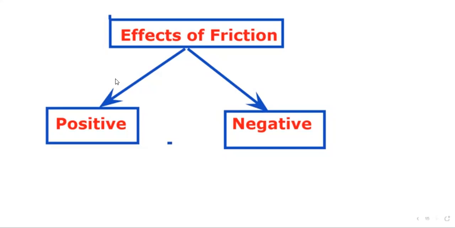Suppose we can use lubrication, oil, like different kinds of machines require oil for their proper working, like car engine oil and machine oil. Similarly, a lot of other things like ball bearings and polishing a surface will reduce the friction.